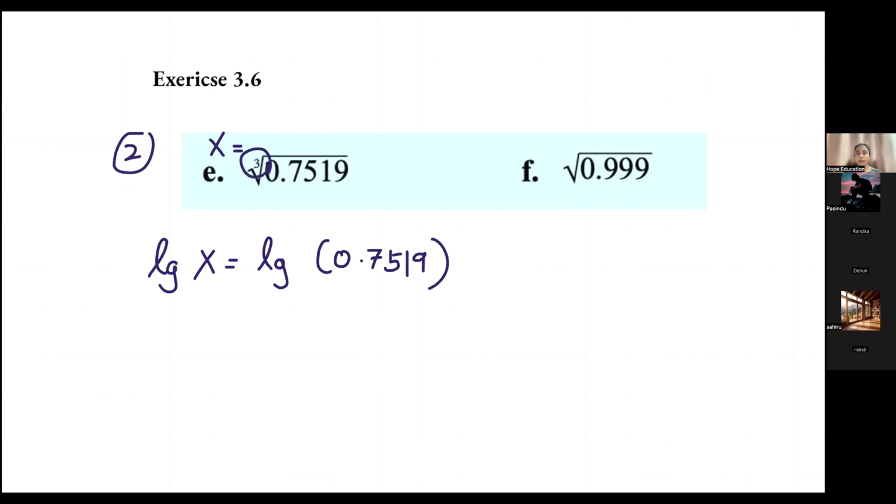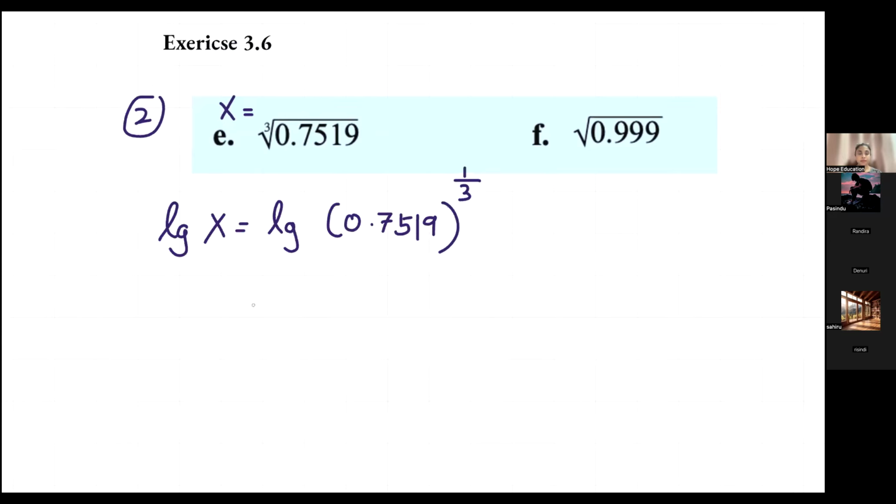Cubic root I can bring as a power, to the power 1/3. I know when there is a power like this, I can bring it forward as a multiplication like this, 1/3 log 0.7519.